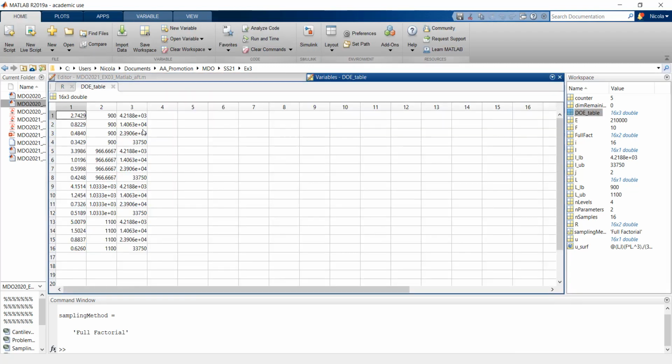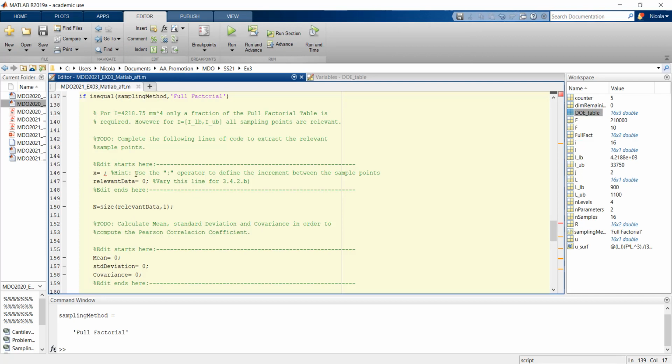If we look at our DOE table, that's the first and the 5th and the 9th and the 13th row. But we want to make it a bit more sophisticated, so we say we go from 1, because that's our first, and we got 1 for each level, and that's for all the samples, so from 1 to the end basically. And then our relevant data, we take out only those rows.